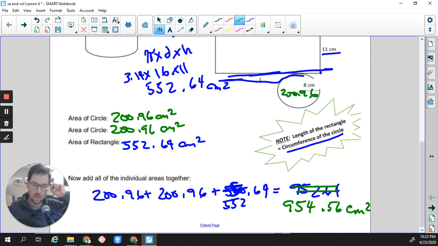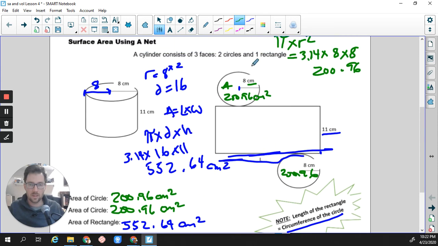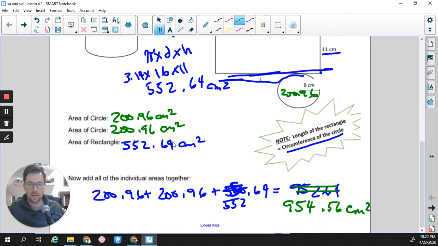So that is taking a look through using our nets. Our nets look a little bit differently when we're doing it like this, but we calculate the area of each circle and then the area of the rectangle. And because the rectangle is a little spicy with the cylinders on top, we need to use our pi diameter and height.